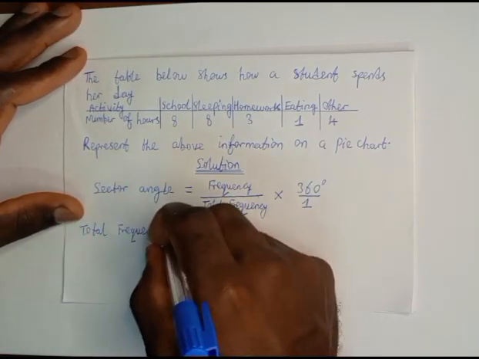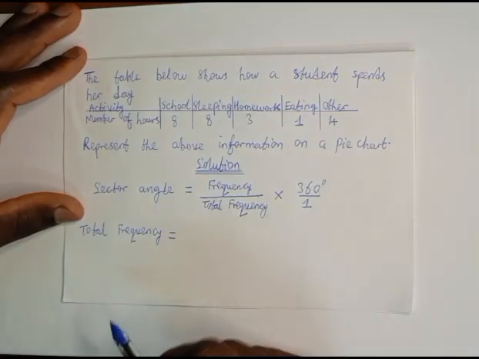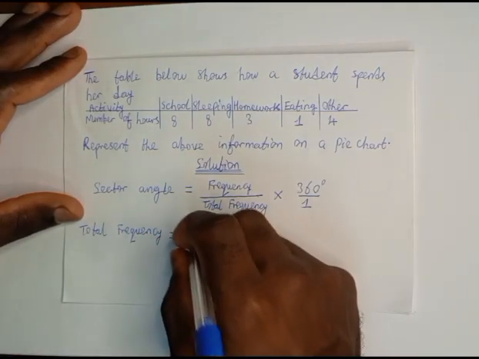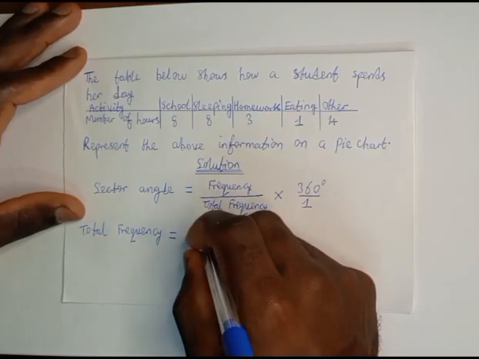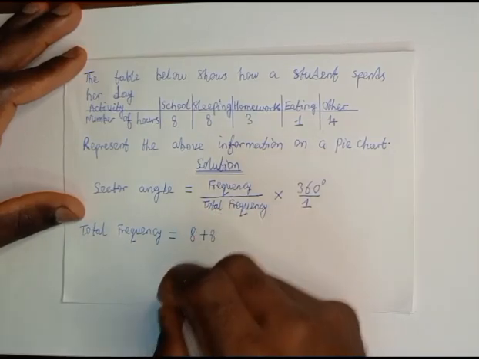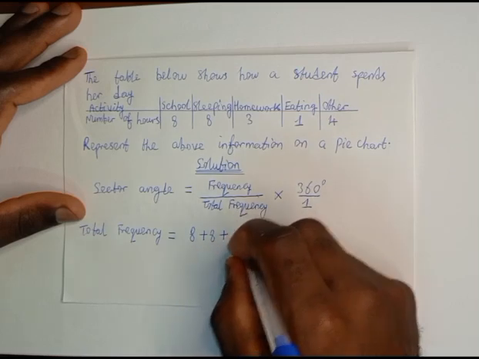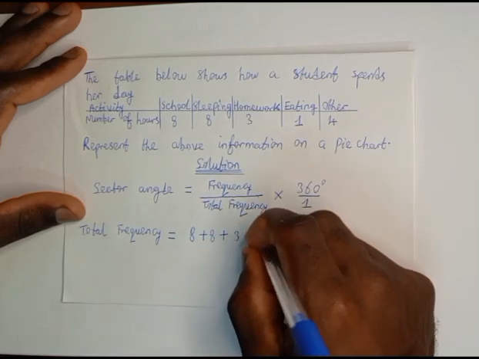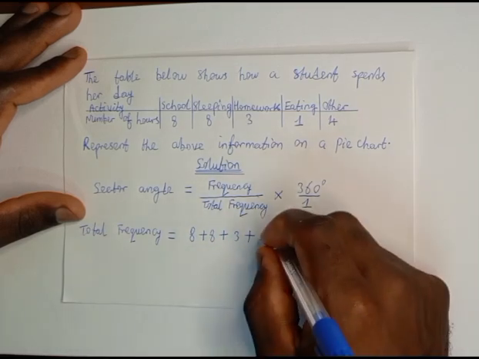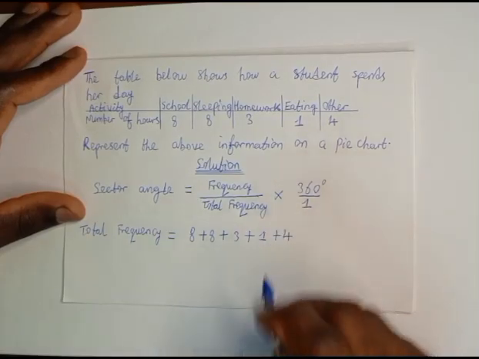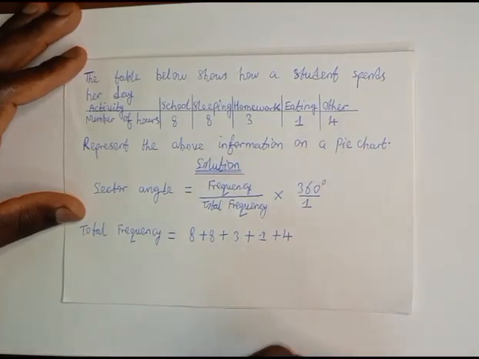It is simply equal to, we are going to sum the frequencies of the different activities. We have 8 hours which is spent on school, plus 8 hours which is spent on sleeping, plus 3 hours which is spent on homework, plus 1 hour which is spent on eating, plus 4 hours which is spent on other activities.